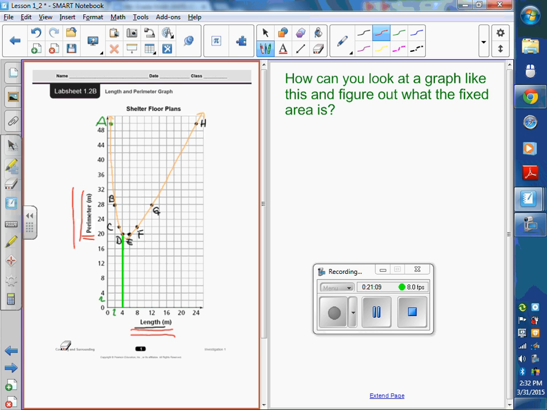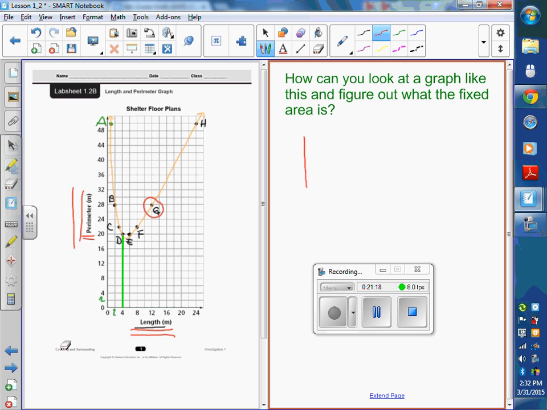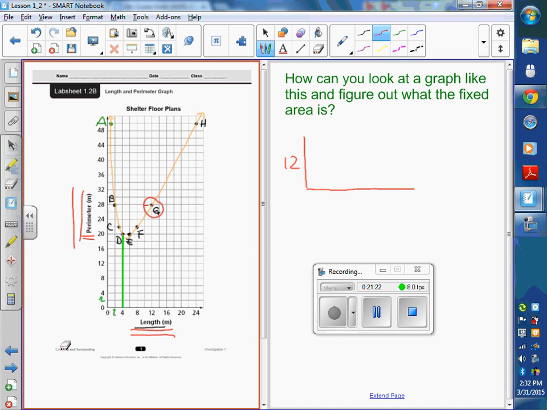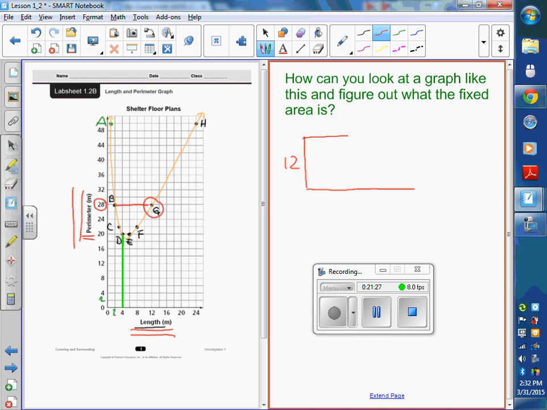Like for G. On G, I can tell the length is 12. And I know the perimeter. I can read over here and see the perimeter is 28. How can I figure out the area?